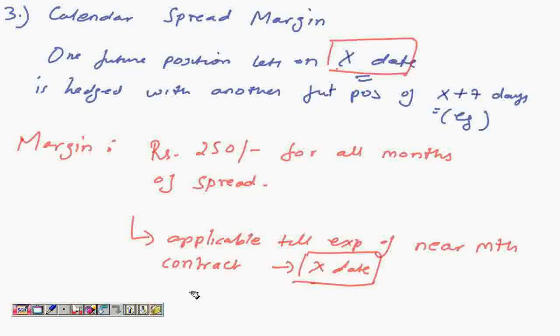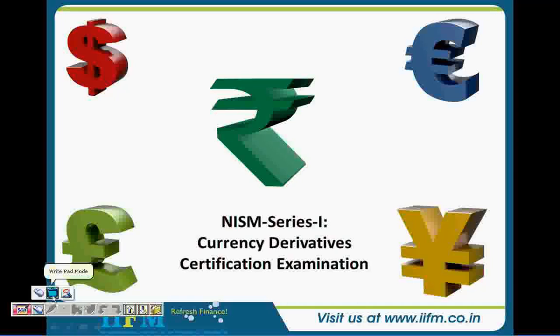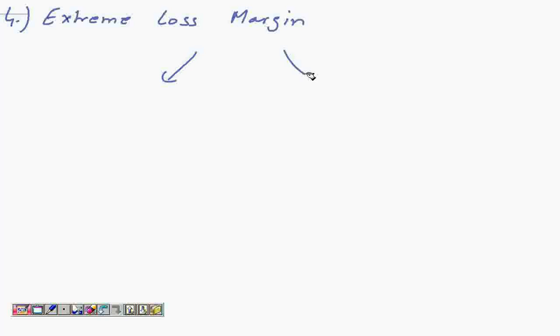So we've looked at the portfolio based margin, we've done the calendar spread, and we've done the initial margin. We've done 3 kinds of margin. The only fourth one left is the extreme loss margin. So let's quickly look at the extreme loss margin also. The extreme loss margin of a client is basically, let's divide it into 2 parts.